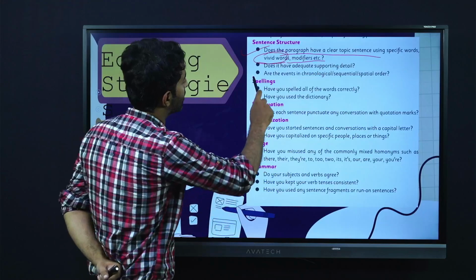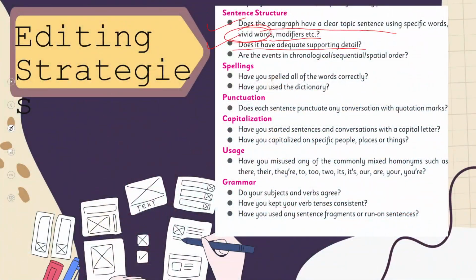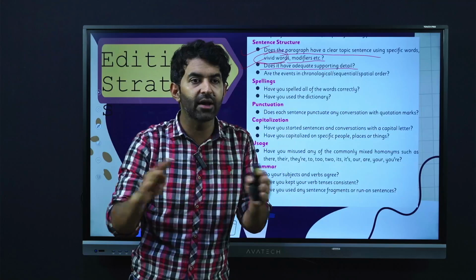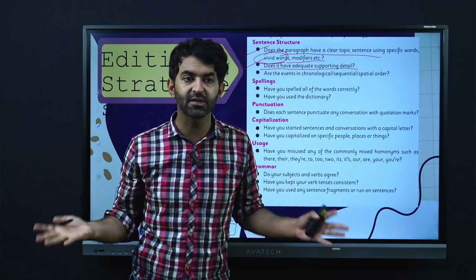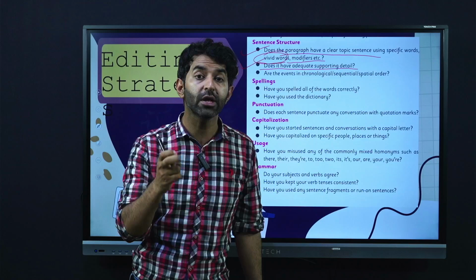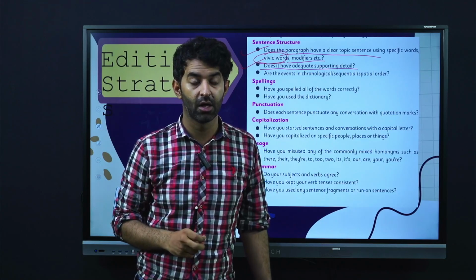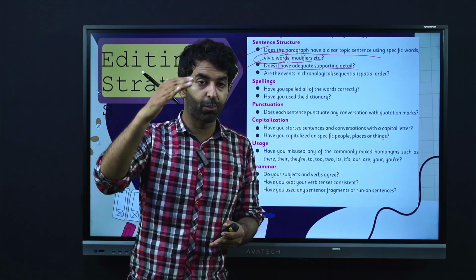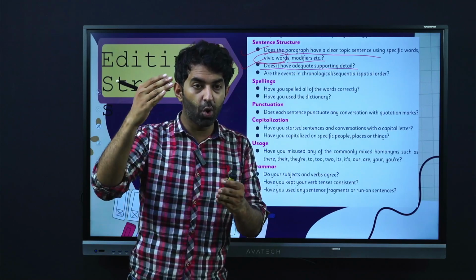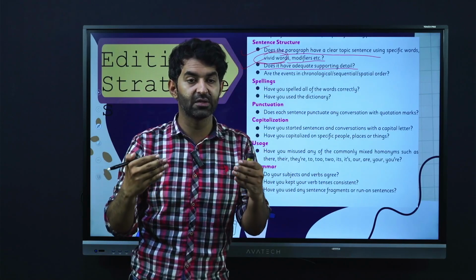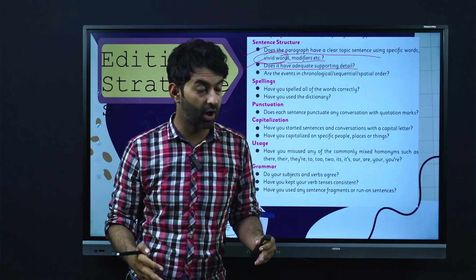Then we will see whether our paragraph has supporting details. What if you just write the first sentence, the topic sentence, and then you just end the paragraph? It doesn't make sense. There should be supporting details, my dear learners. If you're writing a story, the whole plot, the more detail, the information that is needed should be in the paragraph.